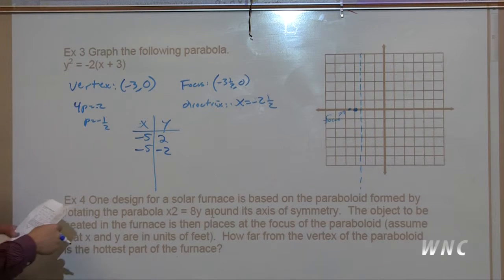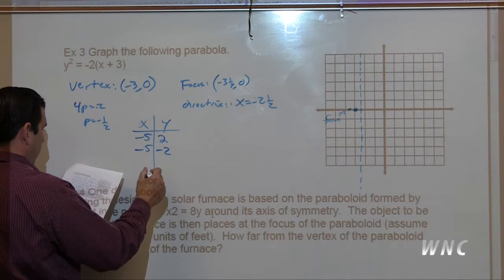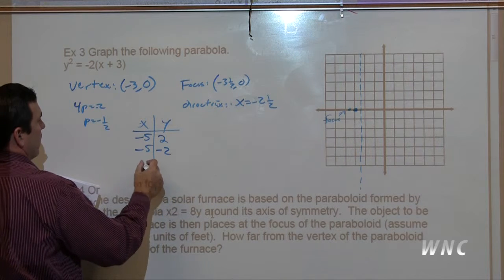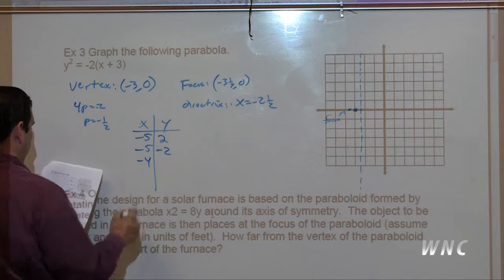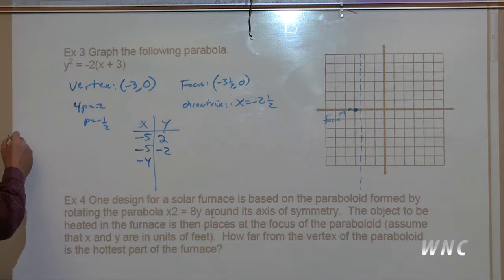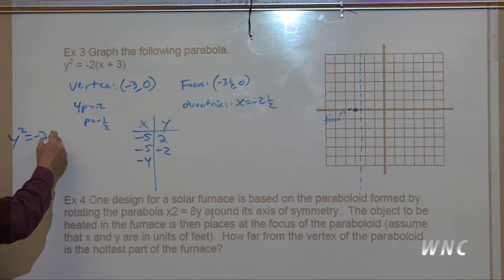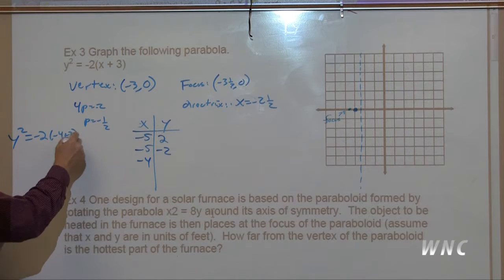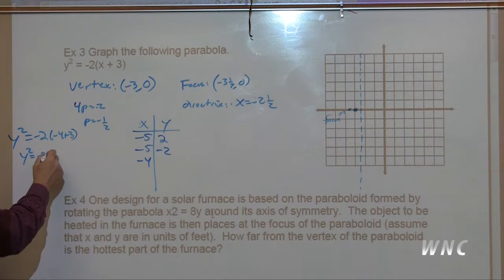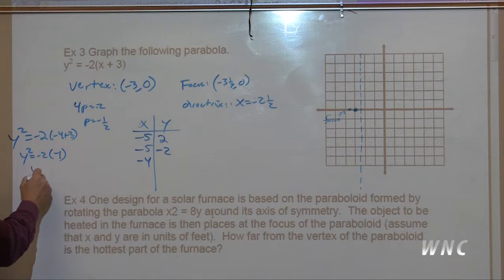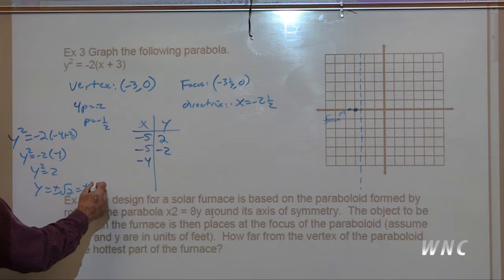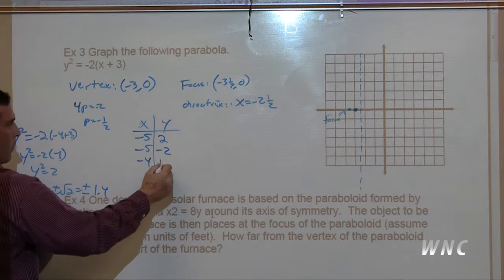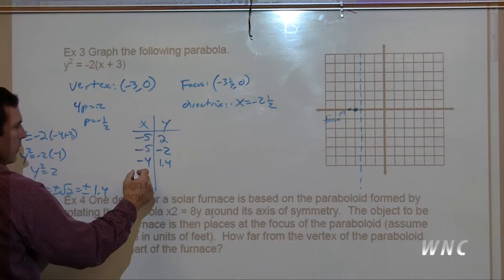How about if we go with x being negative 4. So y squared would be negative 2 times negative 4 plus 3. Y squared would be negative 2 times negative 1. Y squared is 2, so y would be plus or minus the square root of 2, which is plus or minus 1.4, approximately.